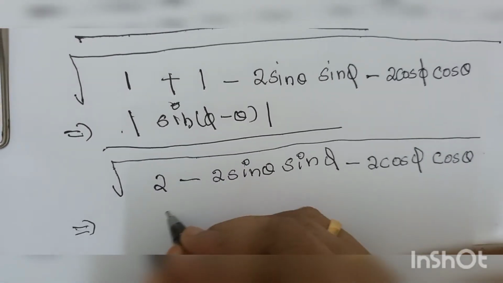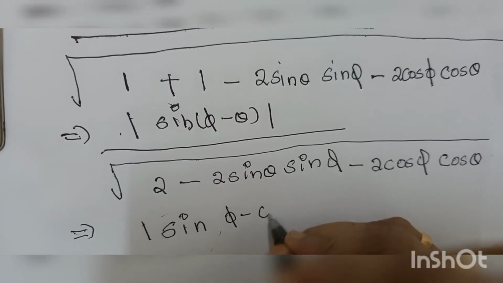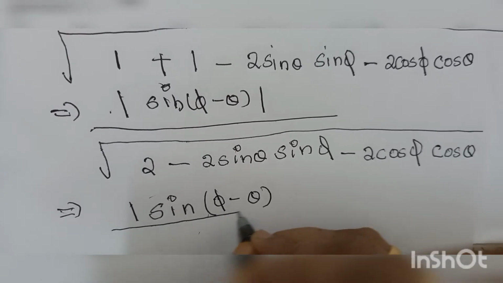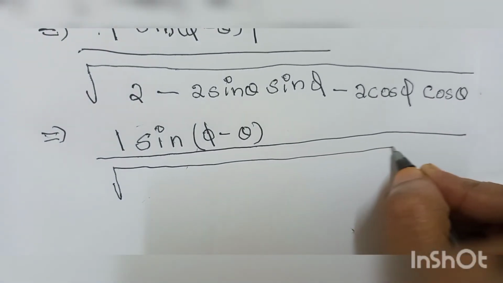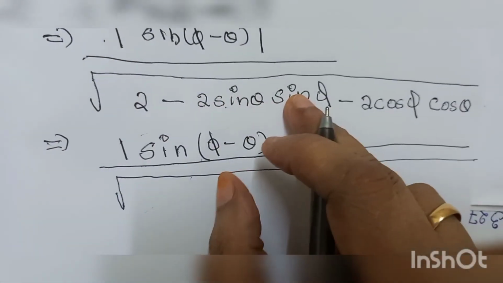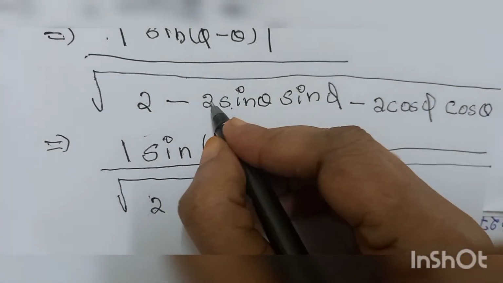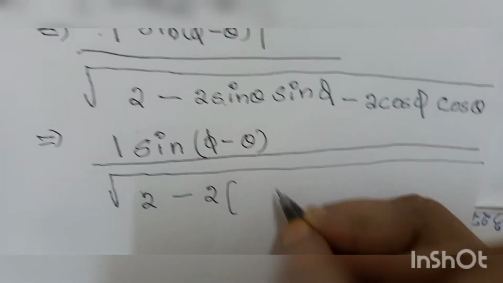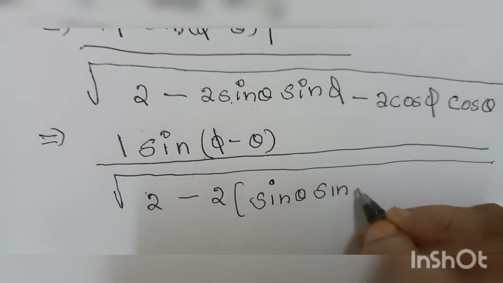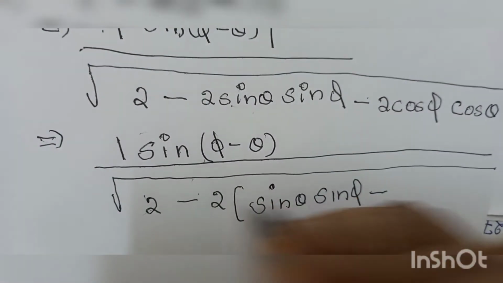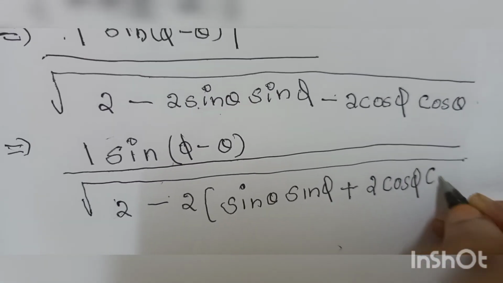We have to take minus 2 as common. So we get like this: 2 minus 2 sin theta sin phi, minus, here minus we take, so here we get plus cos phi cos theta.